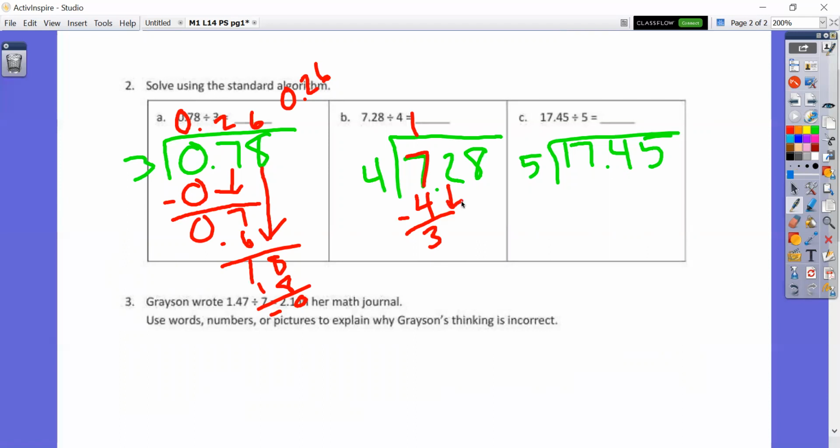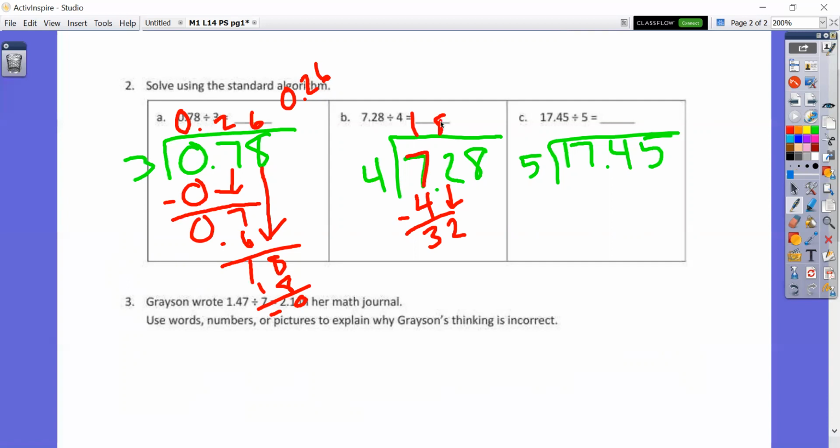Then I can decompose my tenths place down, and now I'm working with 32 tenths. And if we know our multiples of 4, this one should pop out at us, but if we need to, count by 4s. 4, 8, 12, 16, 20, 24, 28, 32, and that is 8 groups.